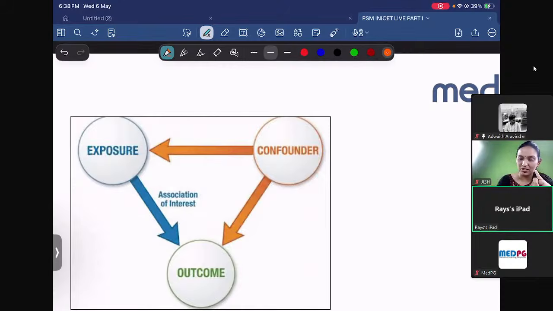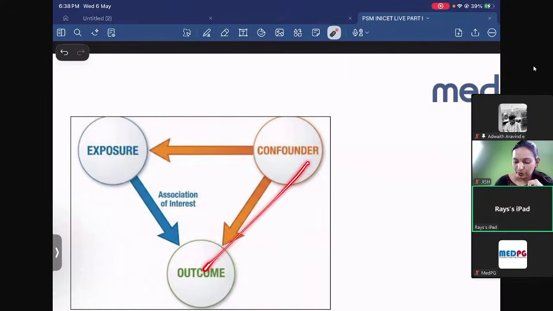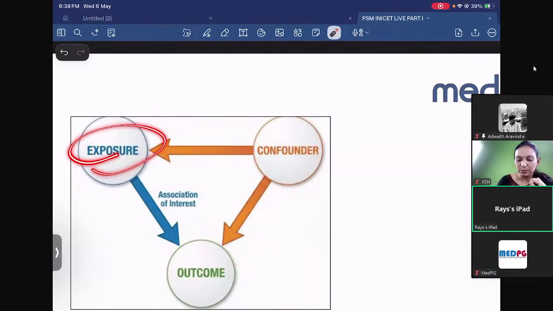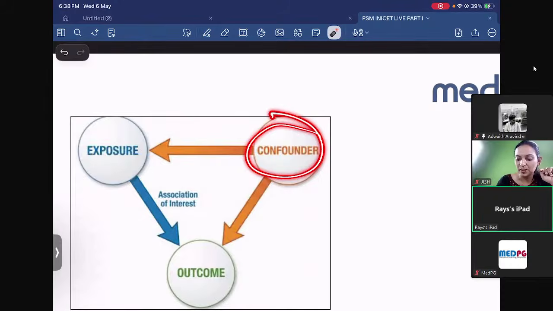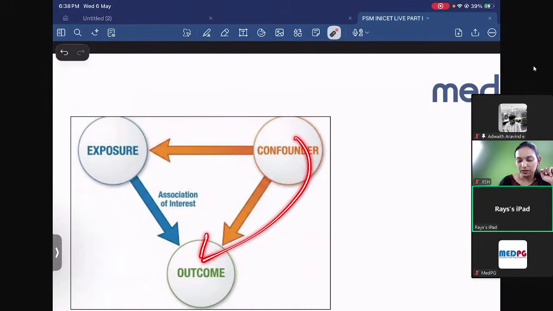Even without the exposure, your confounder itself should be able to cause this particular outcome. That's the first criterion. Second criterion, the confounder should be associated with the exposure also. So the first is that it is an independent risk for the outcome, and the second is that it is independently associated with the exposure.